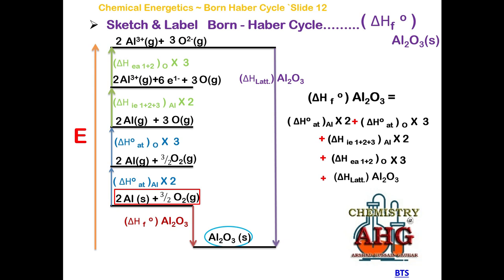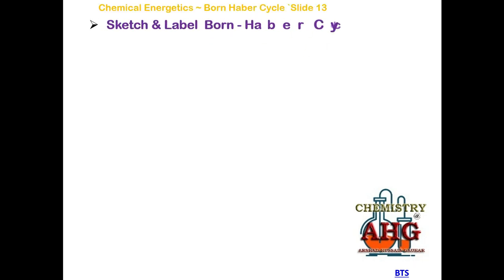I'm giving you some examples, you can pause the video, you can sketch it, and you can see the answer just to check how many mistakes you have made. Okay, first example: sketch and label the Born-Haber cycle for the formation of calcium fluoride. You can pause the video and sketch the Born-Haber cycle for this.